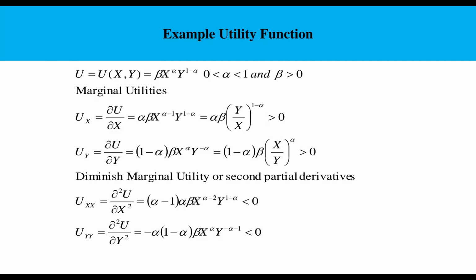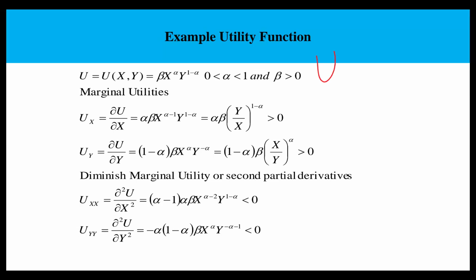So the same function is differentiated 2 times. For example, you could have this utility function. The utility function that you have is beta times x to the power alpha, y to the power 1 minus alpha, right? And we want to differentiate this function with respect first to x.